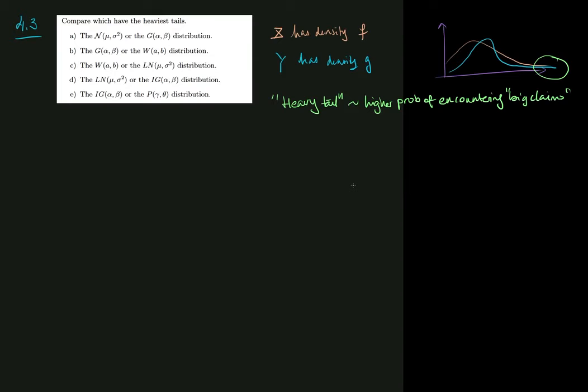Think of it like this: we can't just use the same distribution to model, for example, car insurance compared to fire insurance, because car insurance does not involve as big claims as fire insurance. So we might choose a distribution with a heavier tail to model something like fire insurance, whereas we might choose a distribution with a lighter tail to model something like car insurance.